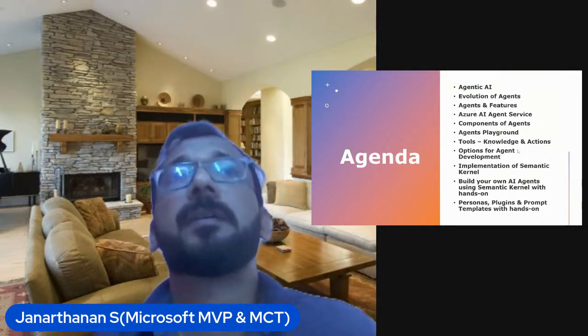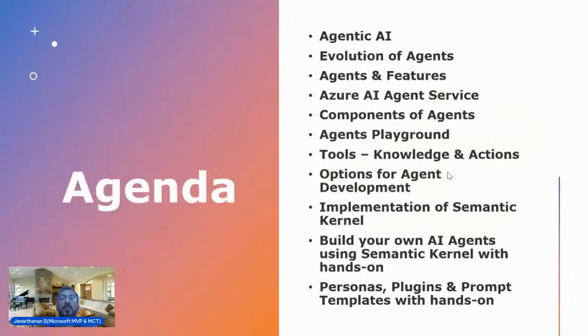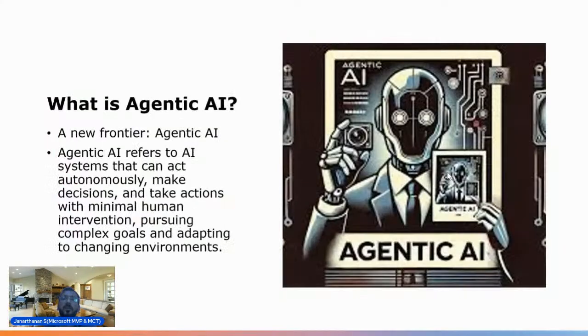We will also discuss the various options for agent development frameworks, the Semantic Kernel and the Azure AI Foundry SDK, and see how to build your own agents using the Semantic Kernel. Finally, we'll talk about personas, prompt templates, and various types of plugins with respect to Semantic Kernel agents. The very first one is, what is this agentic AI about?